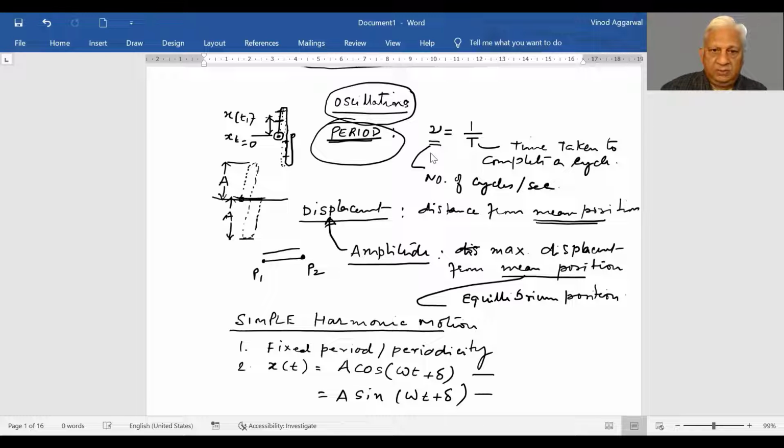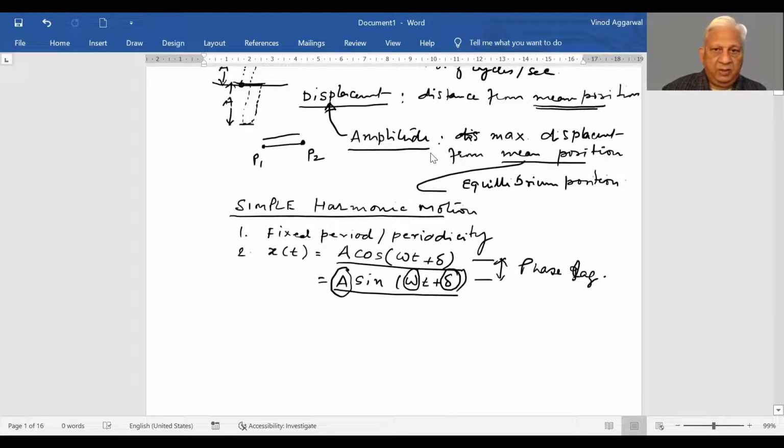The only difference is that there is a phase lag between these two. Otherwise, both functions are same. Here A is the displacement, omega is the angular velocity, and delta is the phase difference.